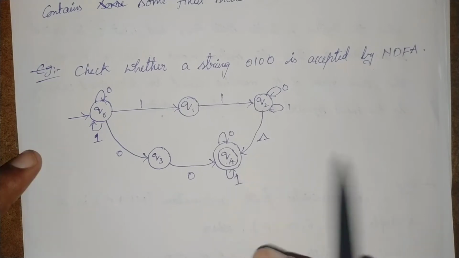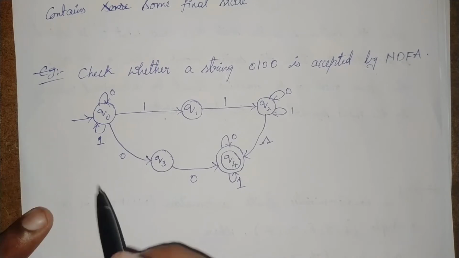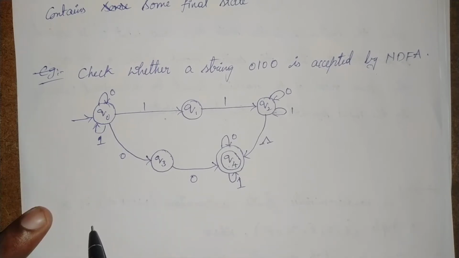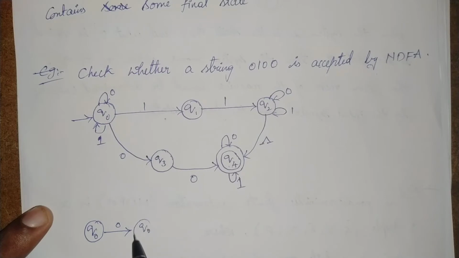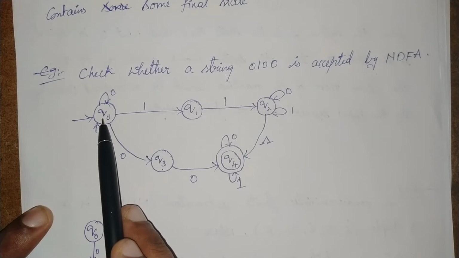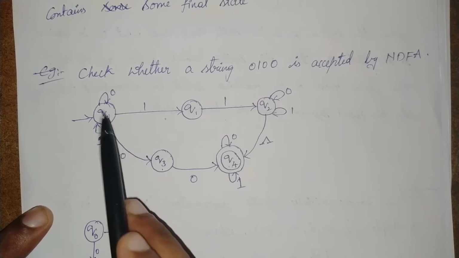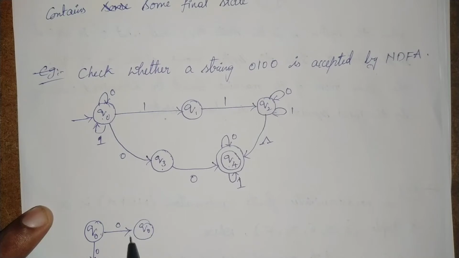So now check: if the system is at the state Q0 and input 0 is applied to the state, then it moves to either Q0 or Q3. So when the system is at the state Q0 and input 0 is applied, then it moves to Q0 or Q3.